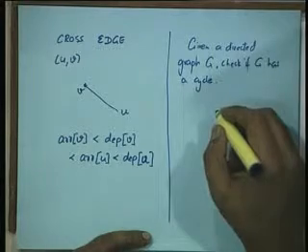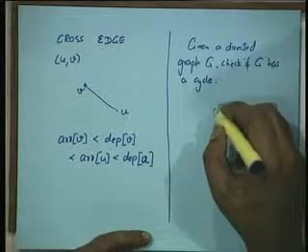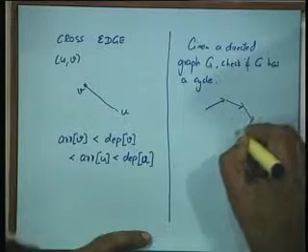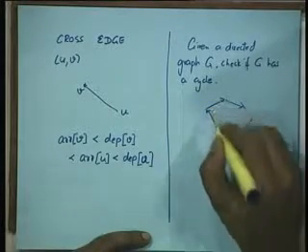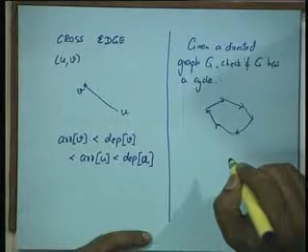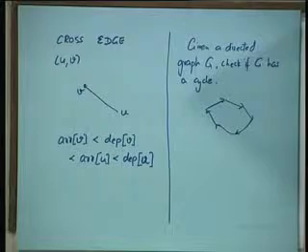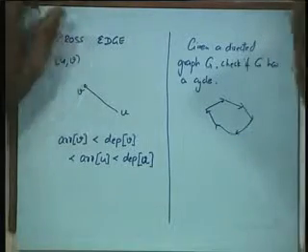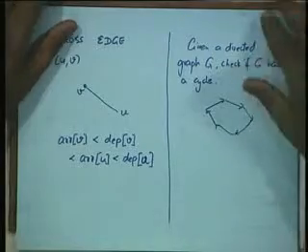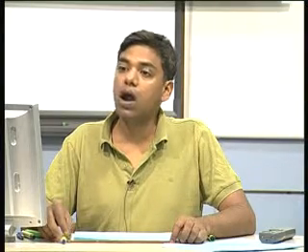What is a cycle in a directed graph? It is basically a path which closes on itself. The starting and the ending of the path are the same. So, how will you check if a given directed graph has a cycle? How will you check if a given undirected graph has a cycle?